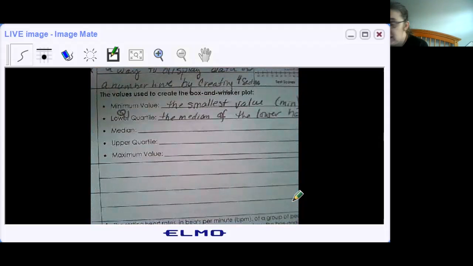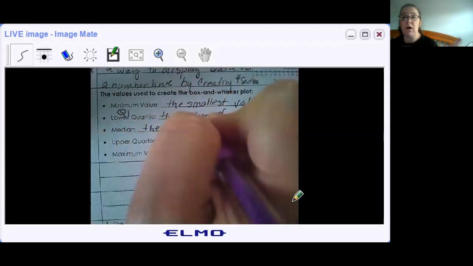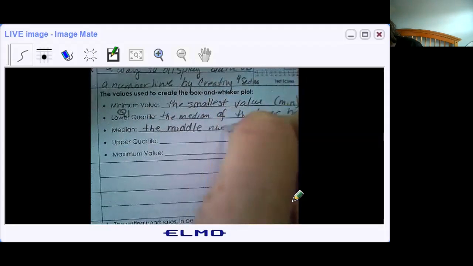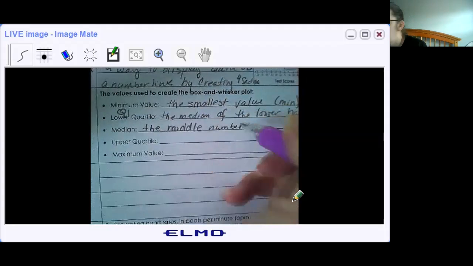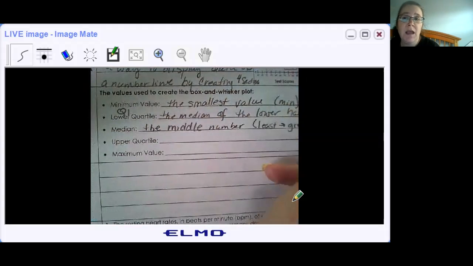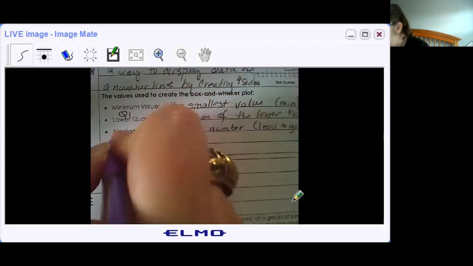The median is the middle value. So if I put everything in order from smallest to largest, and then I count in, the median is the number in the middle. And we always put this in order from least to greatest. Now, the upper quartile is also called Q3.